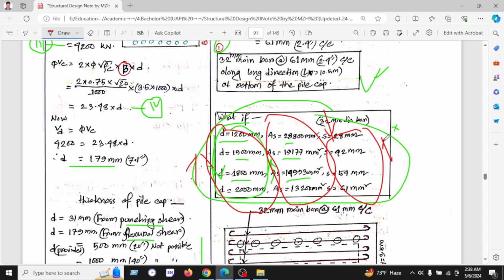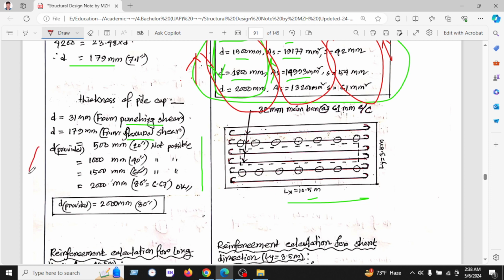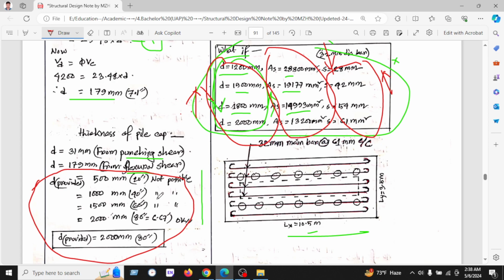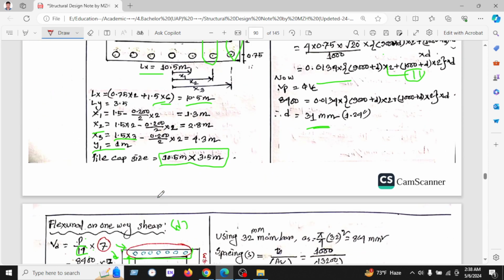So this is our main reason. If we increase the depth, then our reinforcement will be decreased. That's why we will do trial and error again to get an exact value of the depth of the pile cap.